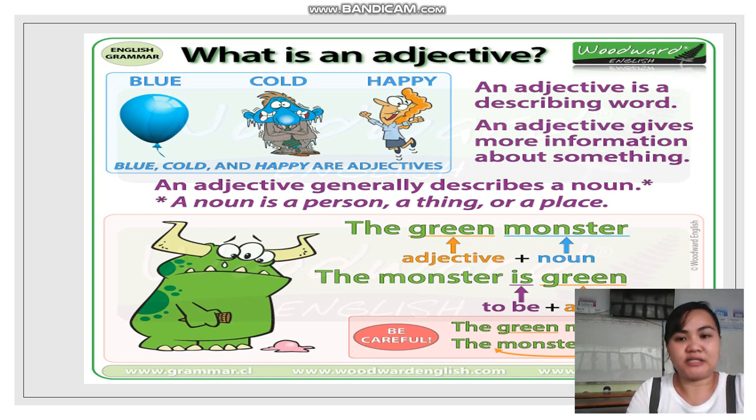An adjective generally describes a noun. A noun is a person, a thing, or a place. For example, the green monster. The monster is the noun, and we're talking about the monster. What kind of monster? We're talking about a green monster. So that is our sample for our adjective.